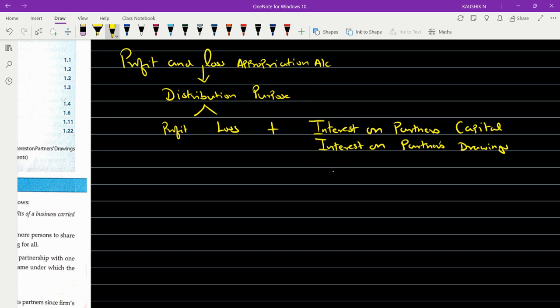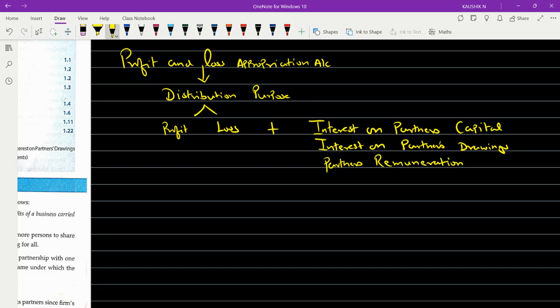The next item is partners' remuneration. The term is called partners' remuneration.